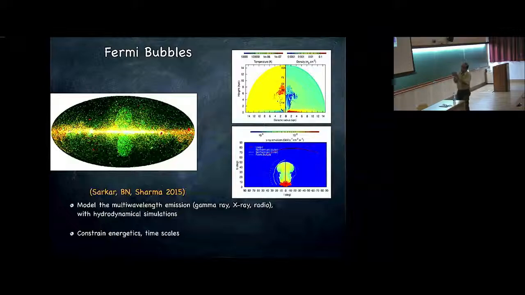But one has to model the multi-wavelength emission. For example, this is in gamma ray, and this is the simple hydrodynamical density contour of a Milky Way type galaxy. We have seen this in gamma ray, X-ray, and radio, so this matching can help us constrain the energetics and the time scales that are necessary to throw gas up into the CGM.